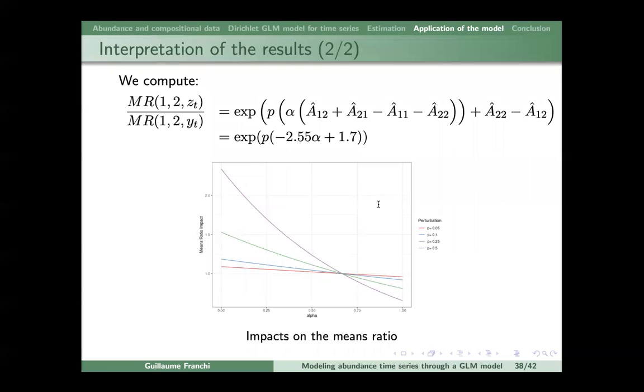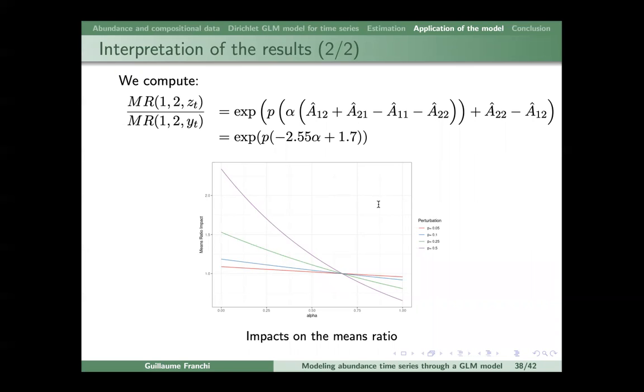So obviously, if alpha is equal to 0, it means that only the second species is affected by your perturbation. And here the impact is greater than 2, for example. It is normal. Species 1 was not affected at all, so the balance is at the advantage of species 1. But I think what is important is when alpha is equal to 1/2.